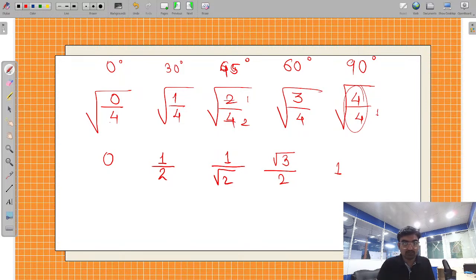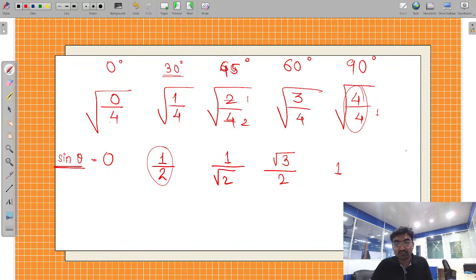You have to do this process. After doing this, the values we get are all the values of standard ratios for sine theta. That means if somebody asks you to find the ratio for sine of an angle, and you know the angle is 30 degree, then the ratio will always be 1 by 2.